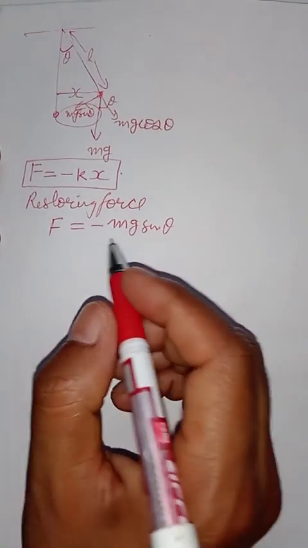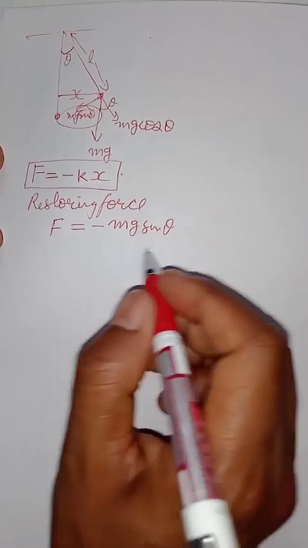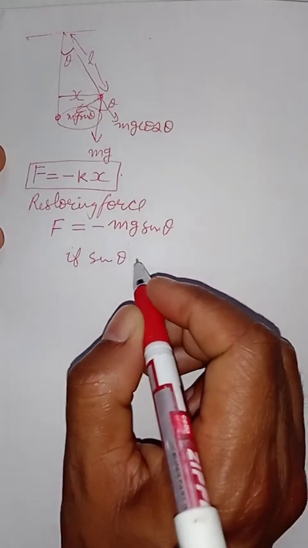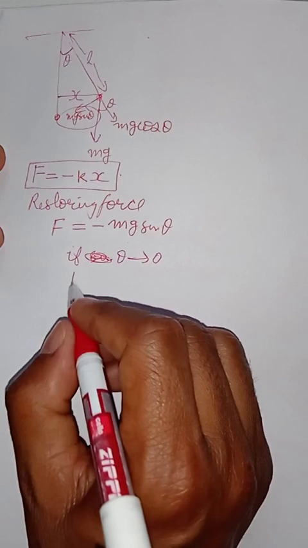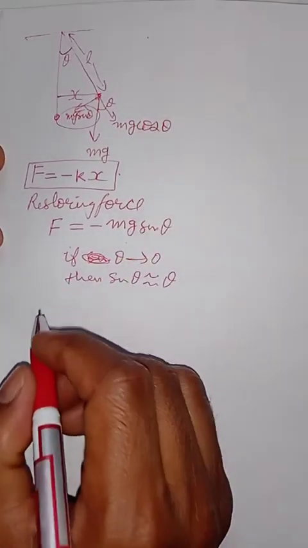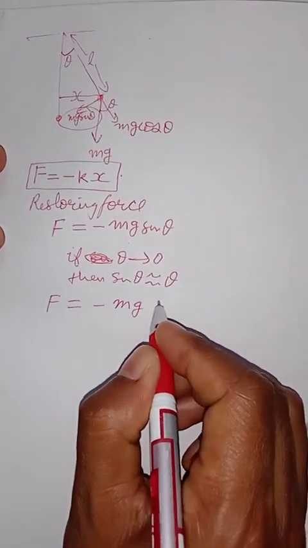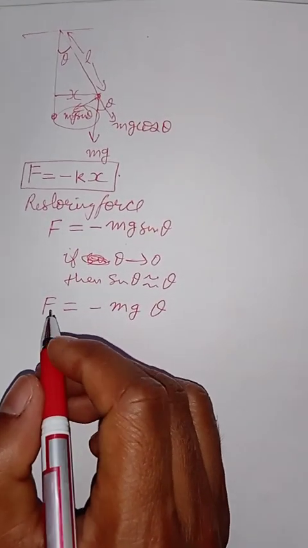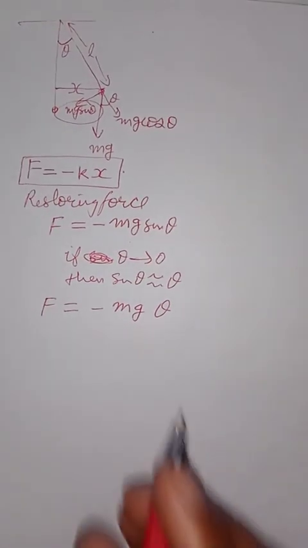So okay, now there are two conditions. If theta tends to 0, means it is very small, then sin theta is approximately equal to theta. So we have to directly replace F equal to minus mg theta.